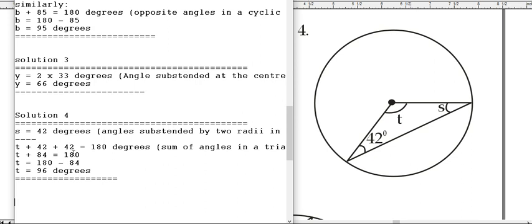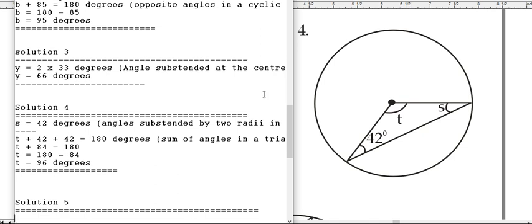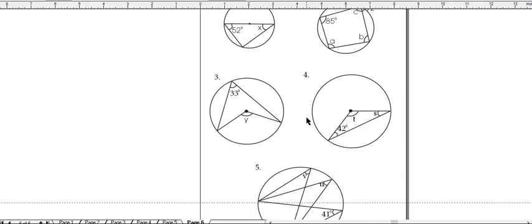So let's go to example 5, which is solution 5. Let's see the question 5.